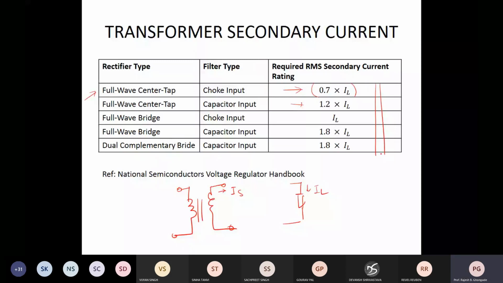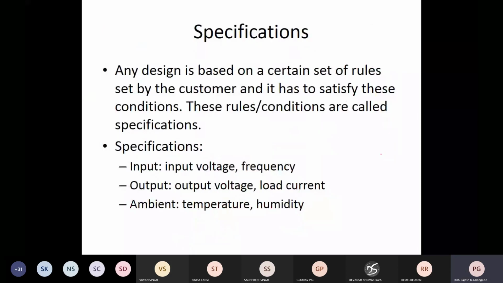Now, as I said, any design will start with specifications. And there are three types of specifications that we come across. One is the input specification. Specifically in case of the power supply, we have the input voltage and the frequency.